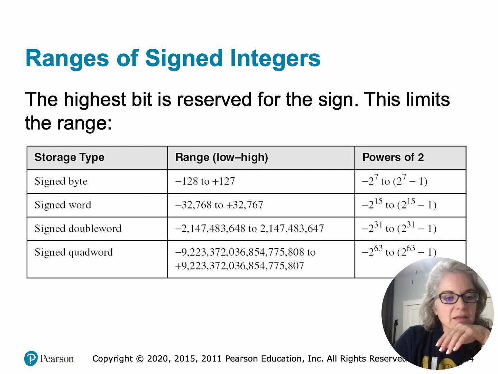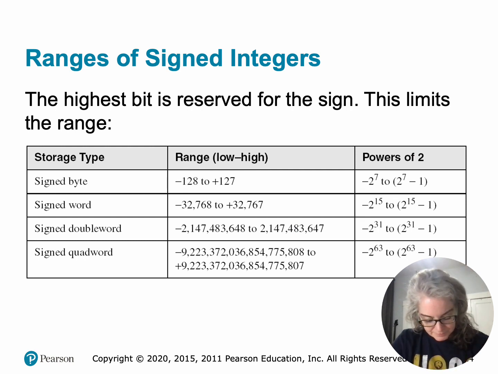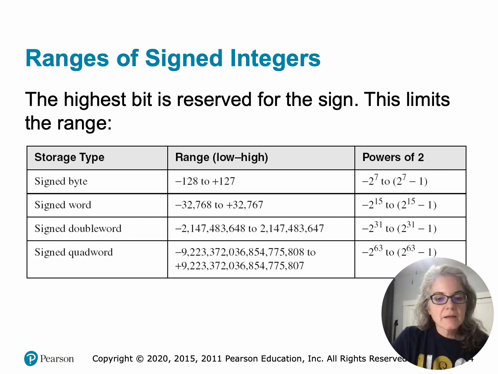So again, this is 8, 16, 32, 64. And I really thought that somewhere on here it gave us the range of unsigned, but I can't find it. Okay, next.